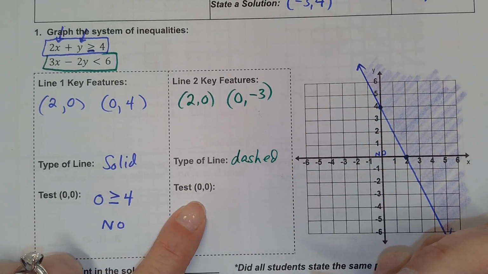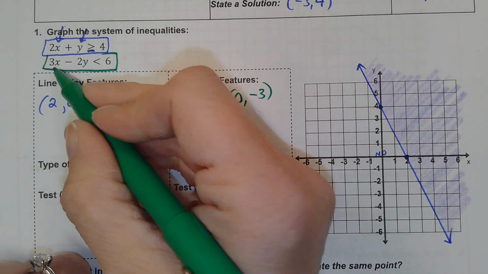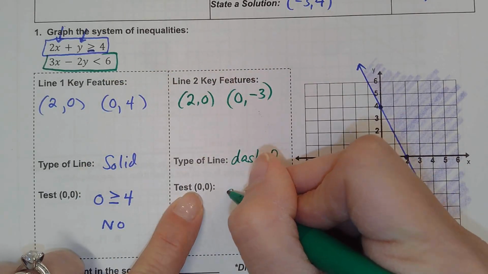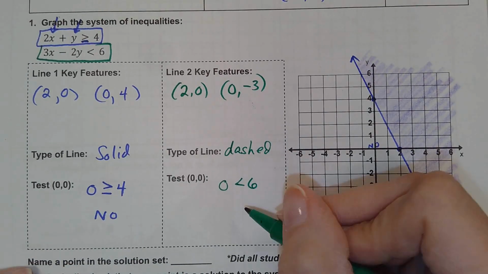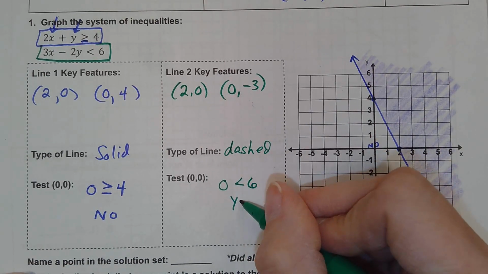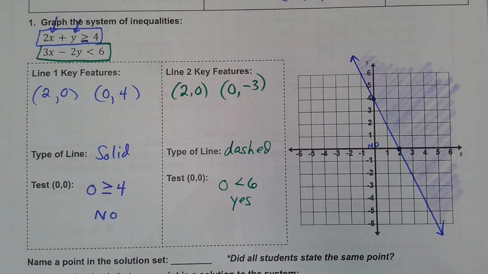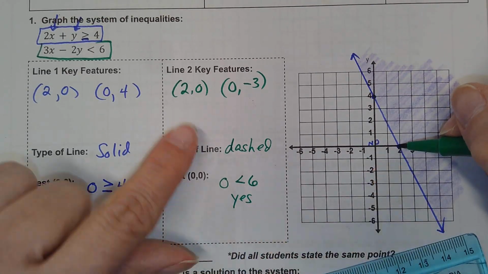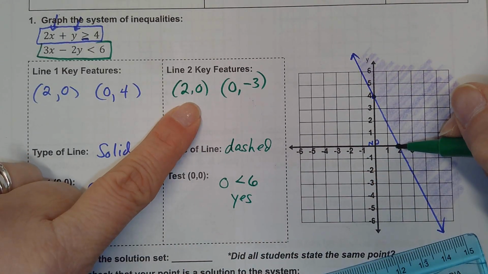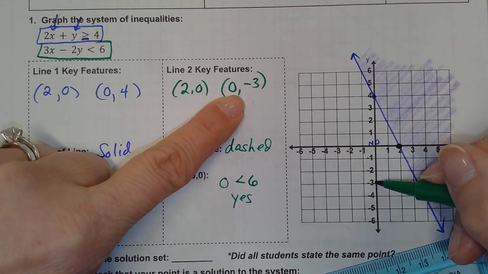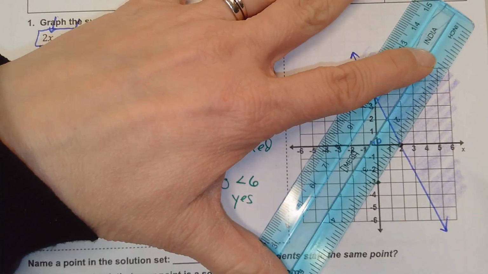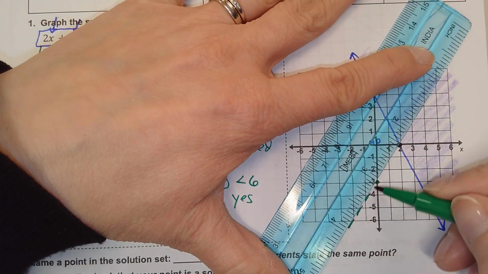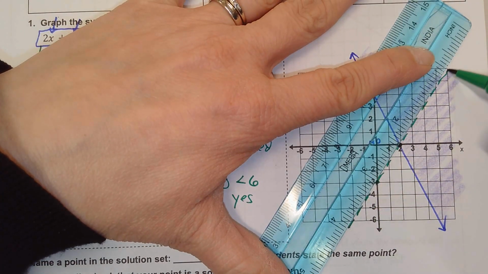Now it's time to test. 3 times 0 and 2 times 0 makes 0. Is 0 less than 6? And the answer is yes. So we have (2, 0) again as an x-intercept. The y-intercept is here, and we're going to draw a dashed line. So the dashed line goes here.